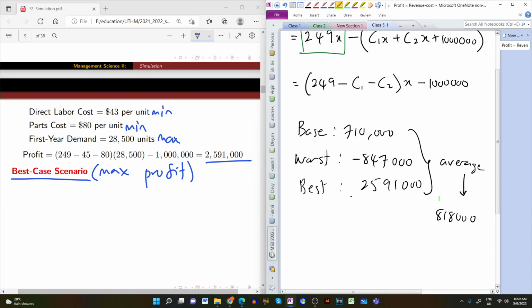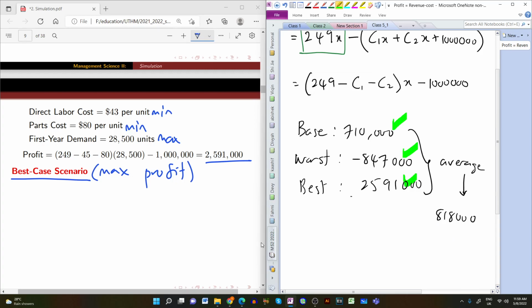He not only wants base, worst and best case, only three. Is there any other possibilities for us to see more scenarios, more possible profit like this, and then take the average? Maybe that is much more accurate compared to taking just three data and taking the average and concluding that these are the profit we are going to get.